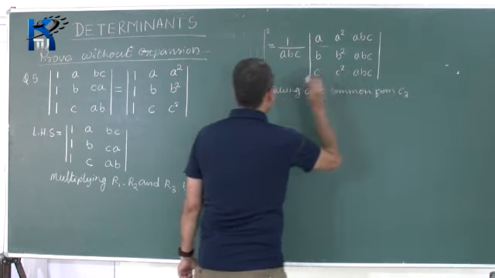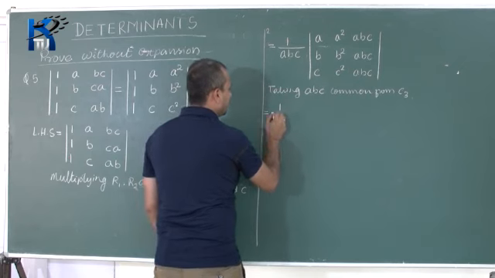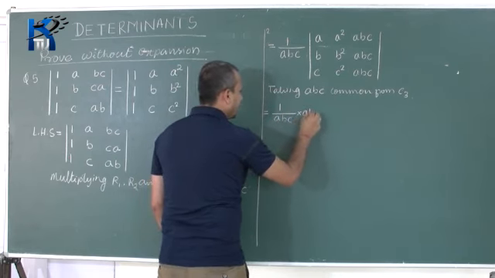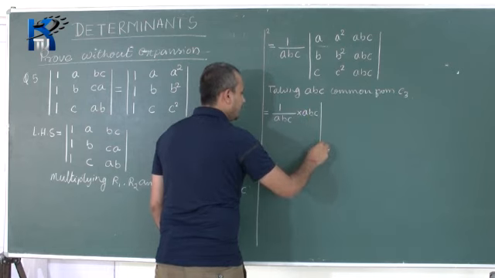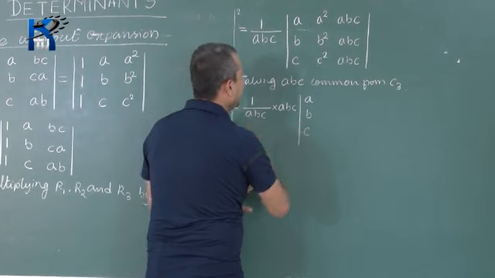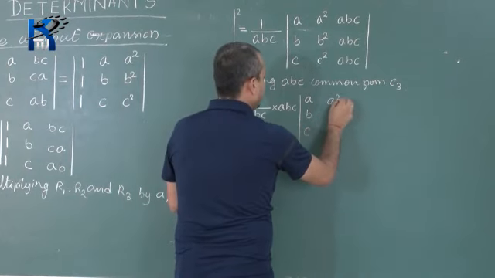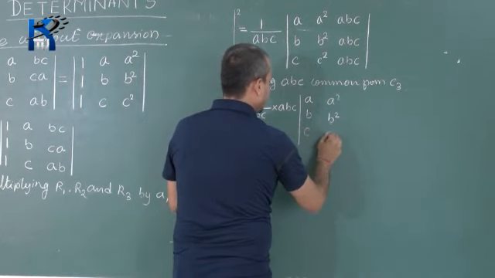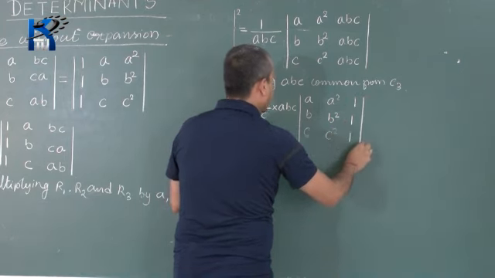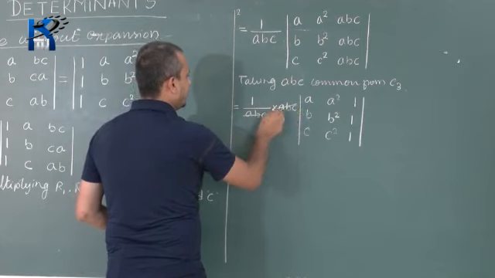Common can be taken out from a single row or a single column. Taking ABC common, it will be A square, B square, C square, and this column will be 1, 1, 1, and the ABC cancels out.